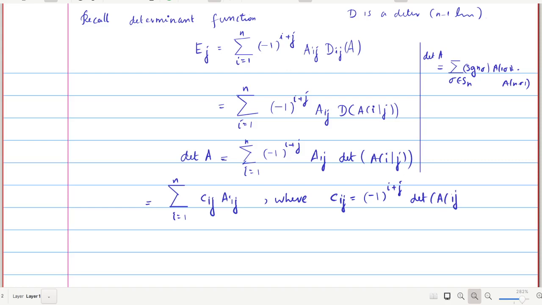That means the determinant of the matrix obtained by removing the ith row and jth column of A. If you define it like this, then the determinant of A takes this form. This is the easiest formula, and we define this quantity as the ijth cofactor. In fact, this is ji. We will make it correct later.